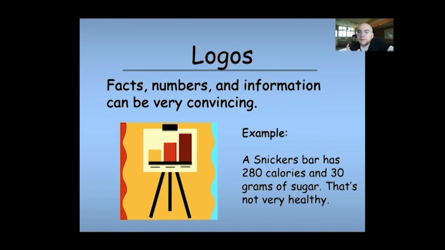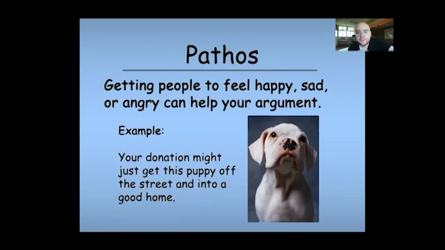So logos, facts, numbers, and information can really help you, okay? This is where your previous experience comes in, right? Maybe you are applying for a job and you did some travel. I have experience traveling. I went traveling. It's the information, right?